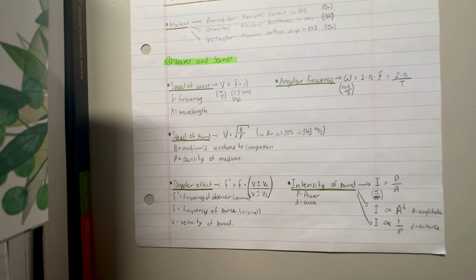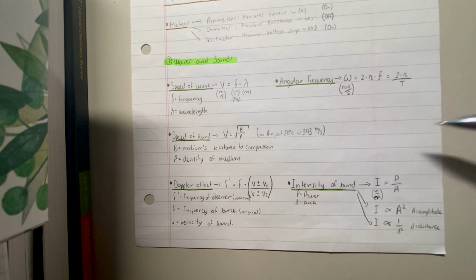And this will make sense because if the frequency of a source is a certain number and the source is moving towards the observer, then it only makes sense that the frequency the observer experiences is going to be greater than the actual frequency of the source, right? So this is why there's a plus or minus.